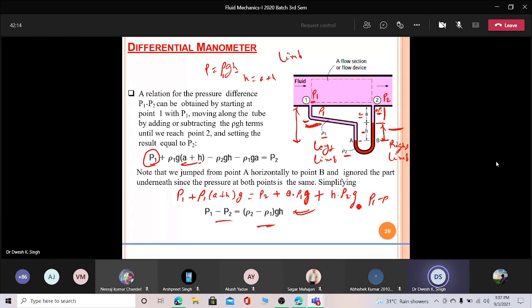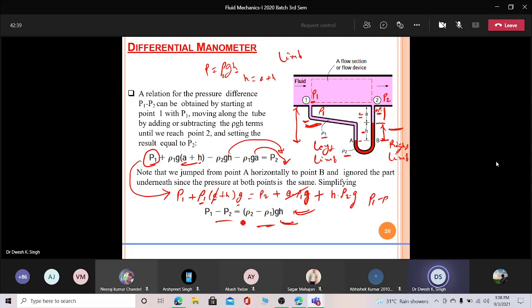Okay, so look at here now. When we do this, actually this equation is the same. When you move this here on this side, it will give you the same result. So now look at here, after some simplification, that is P1 minus P2, you will come out with this expression. Because if you carefully look at this term, this ρ1 A Z will cancel.